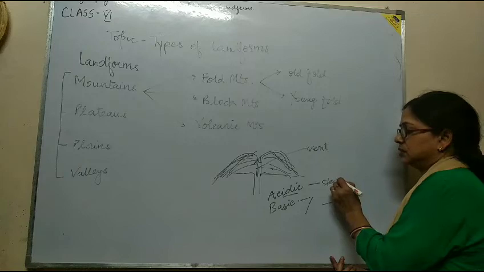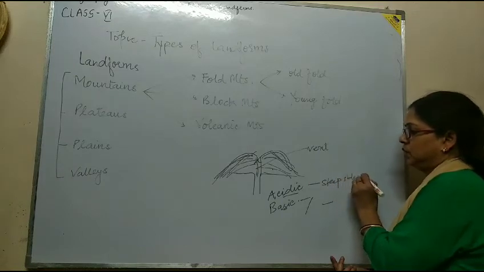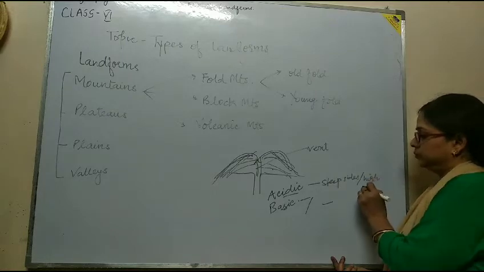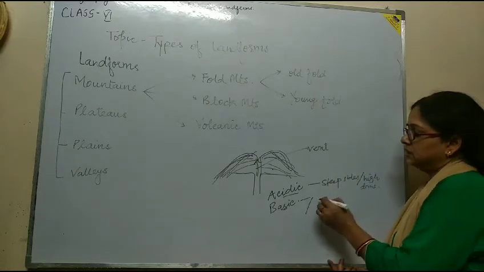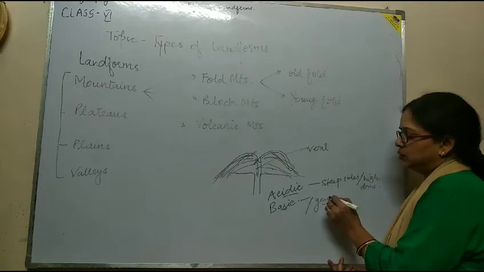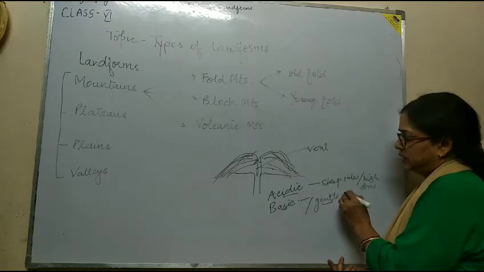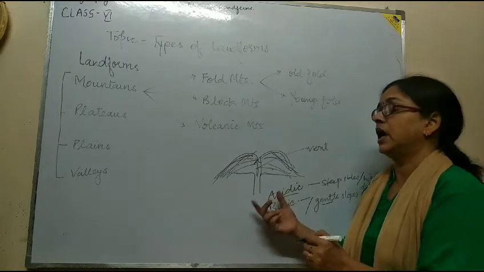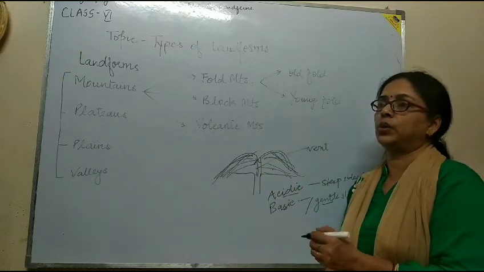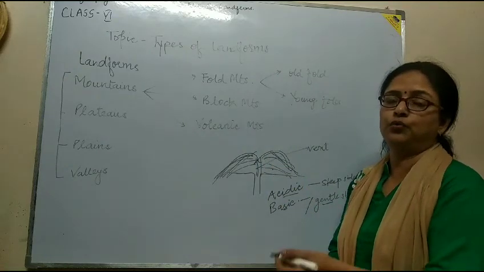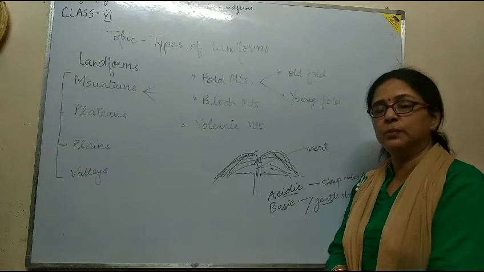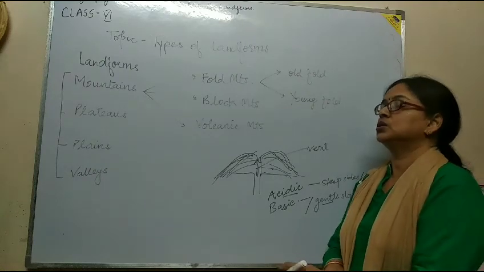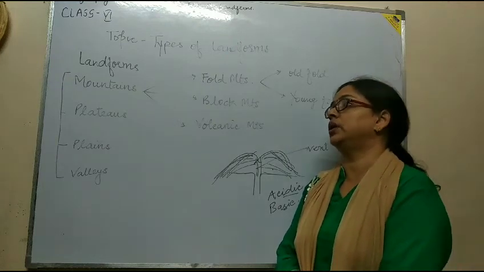Some examples of volcanic mountains are Mount Fujiyama in Japan, Mount Kilimanjaro in Africa, Vesuvius in Italy. So this is how these mountains are formed.